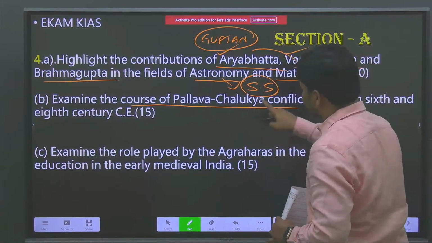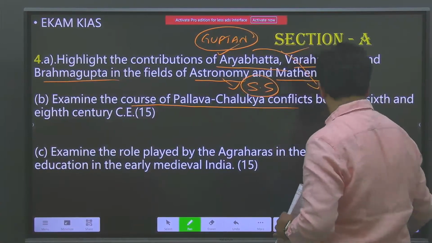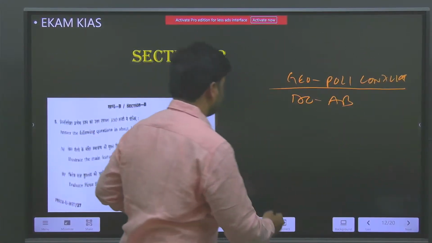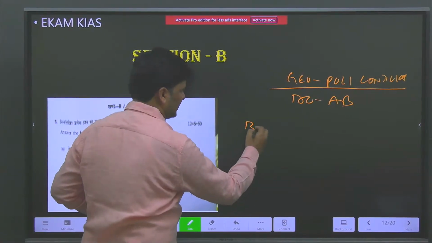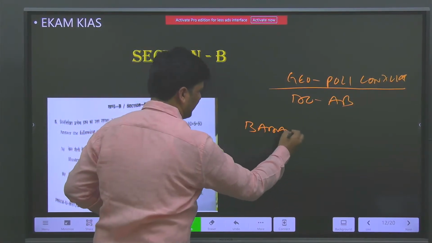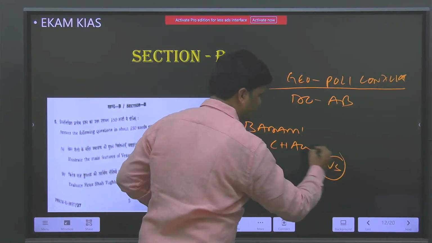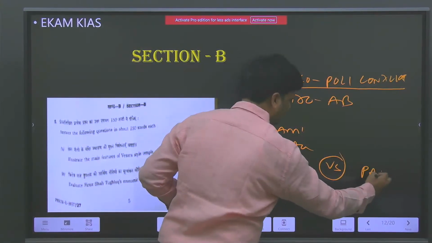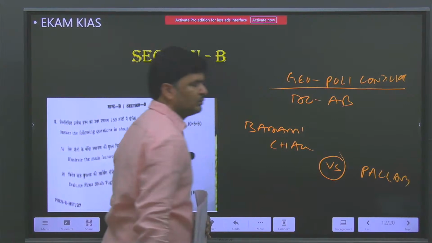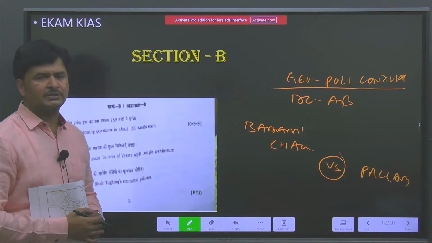Examine the course of Pallava Chalukyan conflicts. We have Badami Chalukyans ruling over Deccan and Pallavas ruling over South India in the post-Guptan age.